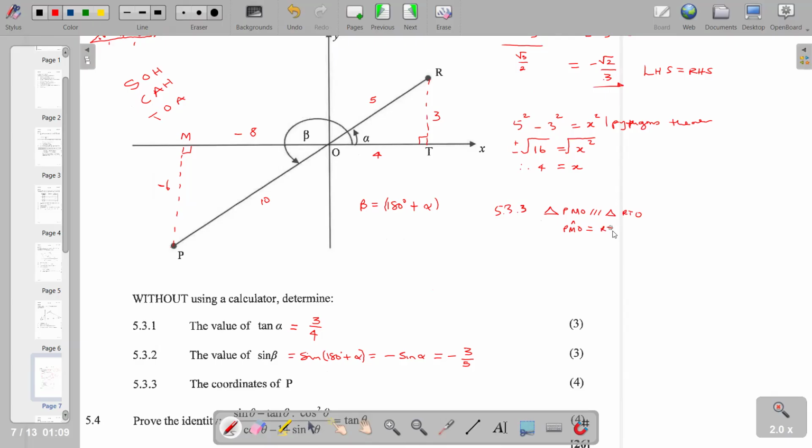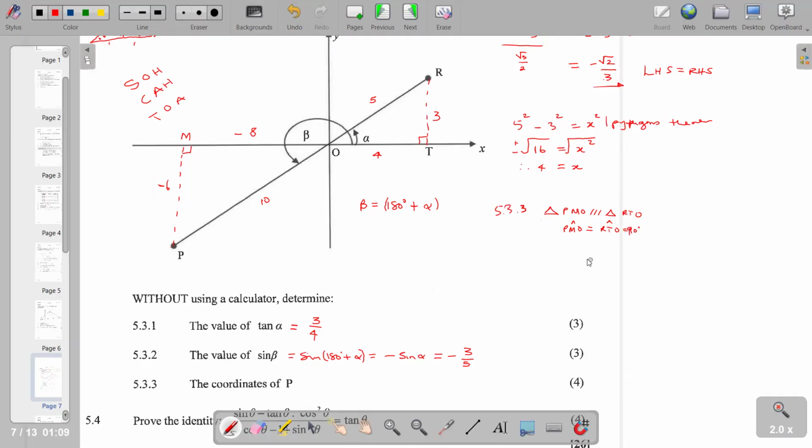The reason is that those two are both equal to 90 degrees.